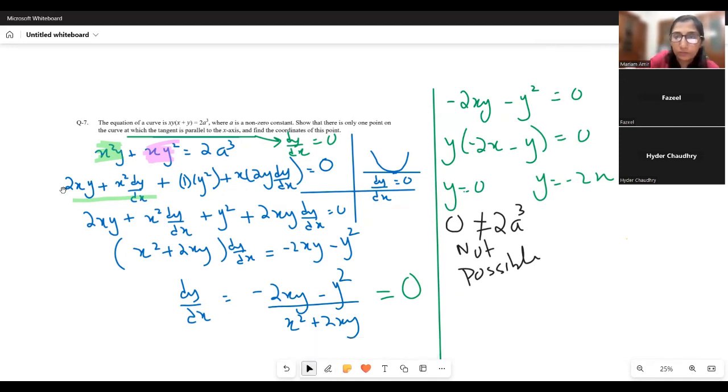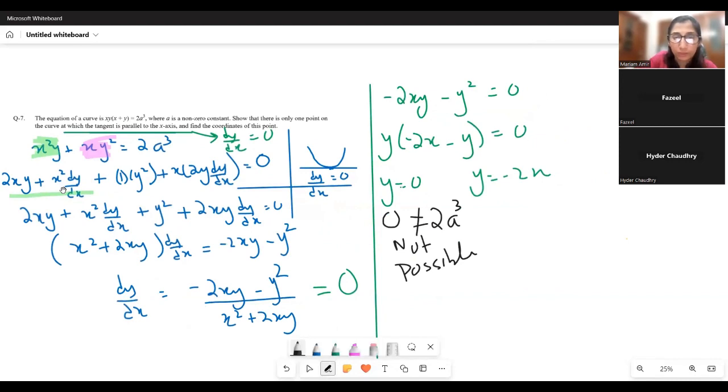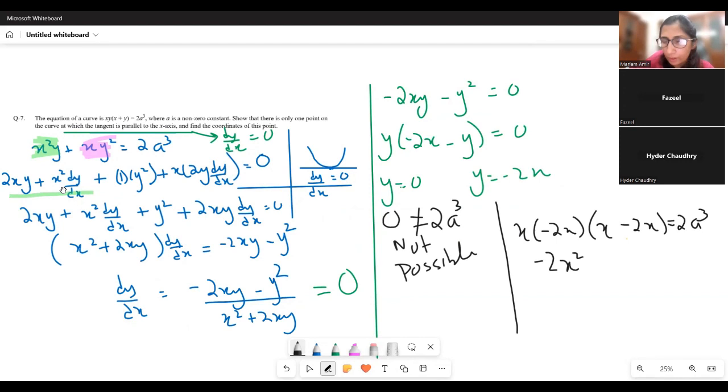Okay. Let's solve the same for y equals minus 2x. So instead of y, write minus 2x. Then x plus, instead of plus y, write minus 2x equals 2a cube. So we're getting minus 2x squared times minus x, which is 2x cube, equals 2a cube, meaning x equals a.